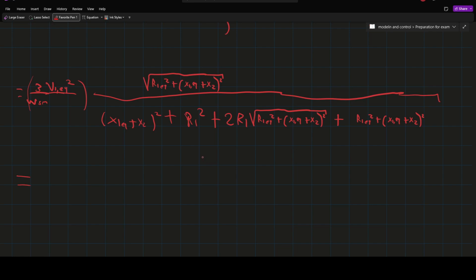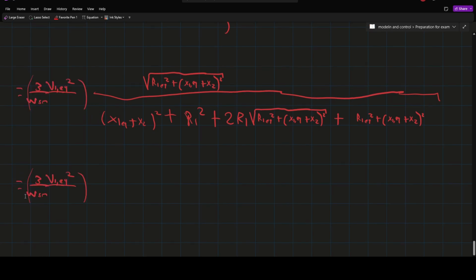and now we can collect similar terms. We're still gonna have this here, and down here we can collect the ones that are equal.